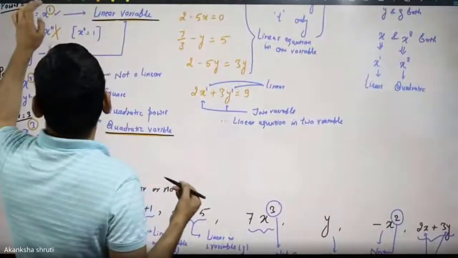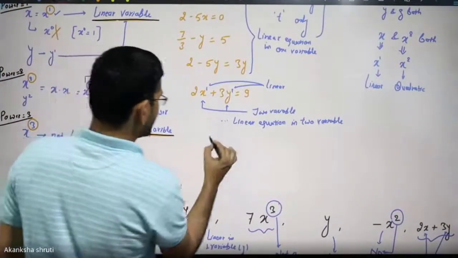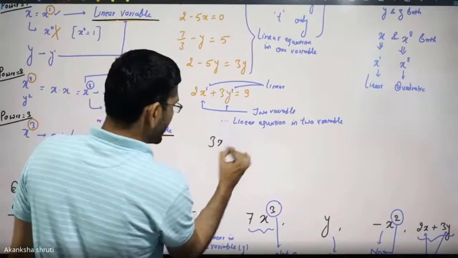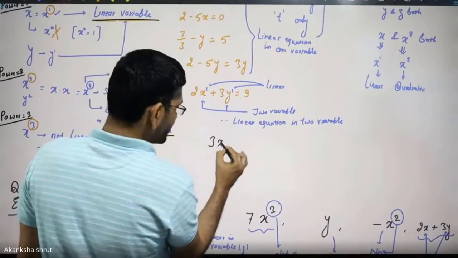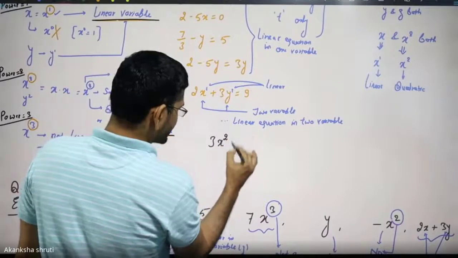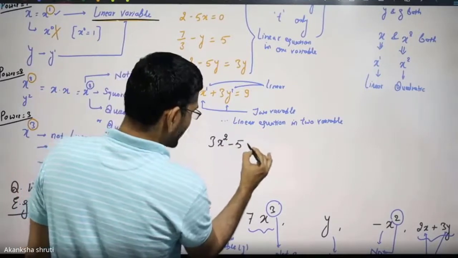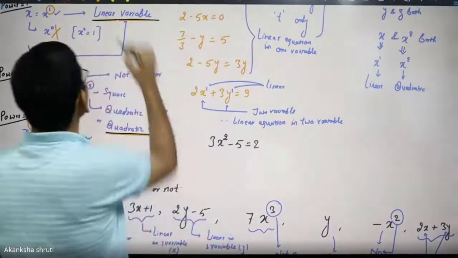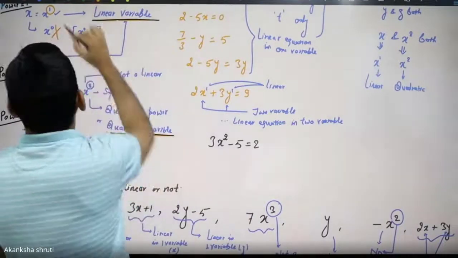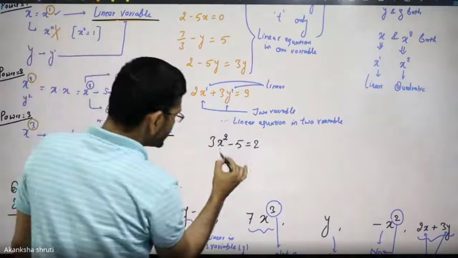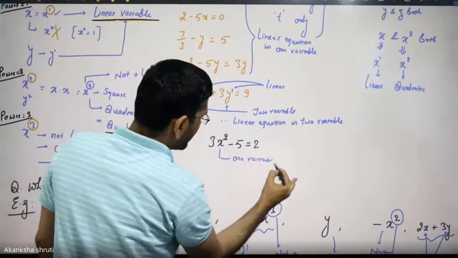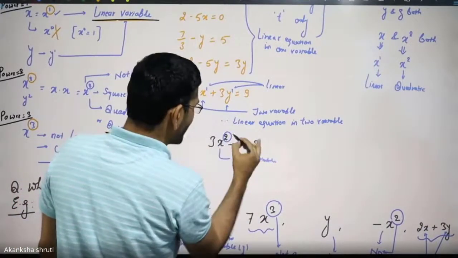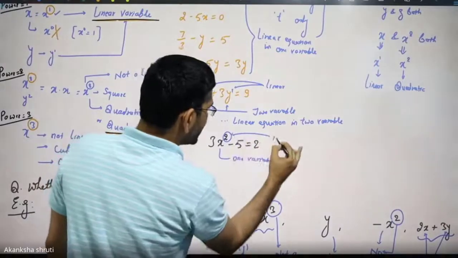Students, if we take an equation like, in place of x, let us take 3x square minus 5 is equal to 2. Can it be linear? No. Here, though it is one variable, because of this power, it is not linear.